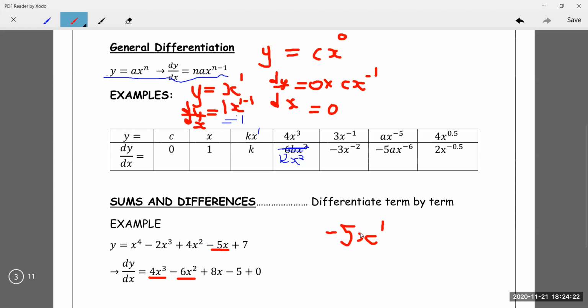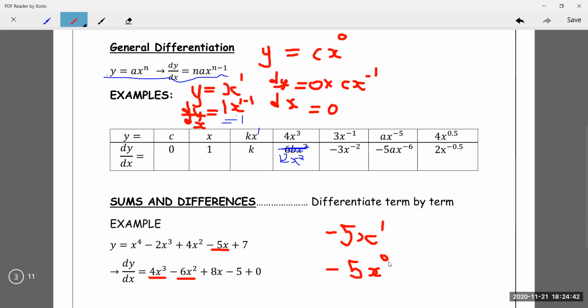Negative 5x to the 1. That's negative 5. Negative 5x, and then you carry down the power. Then what do you do next? Subtract 1 from the power. So you get 1 minus 1, which is 0. But then what's x to the 0?